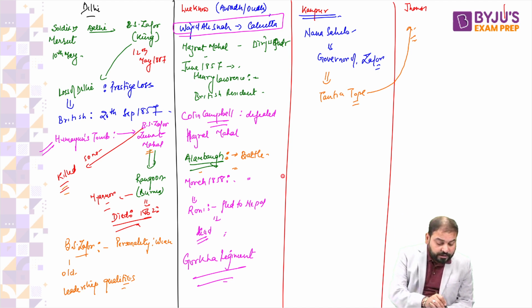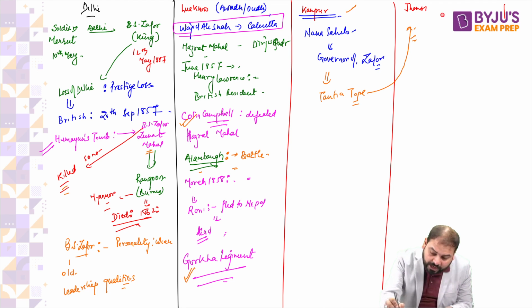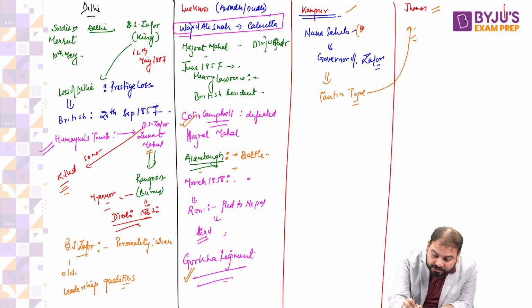Ashutosh, the Gorkha regiment was supporting Colin Campbell in this war. No, Tantia Tope will fight both in Kanpur as well as in Jhansi. So Nana Sahib is not his original name. His original name was Dhondu Pant.